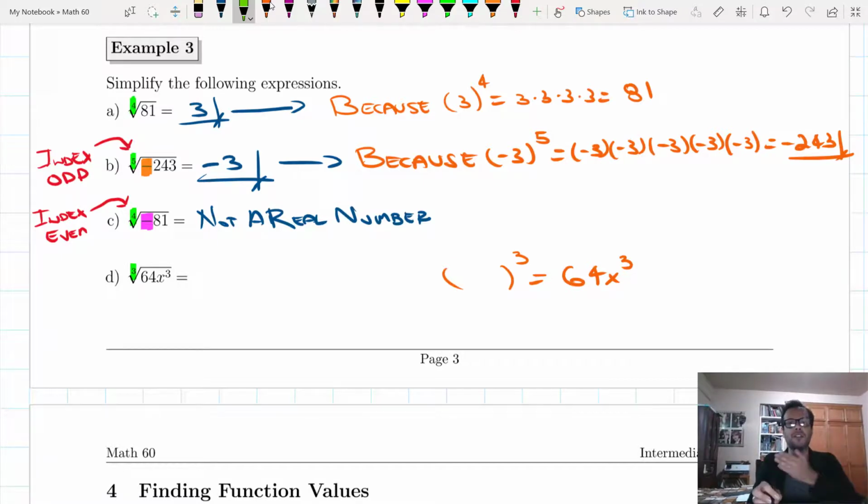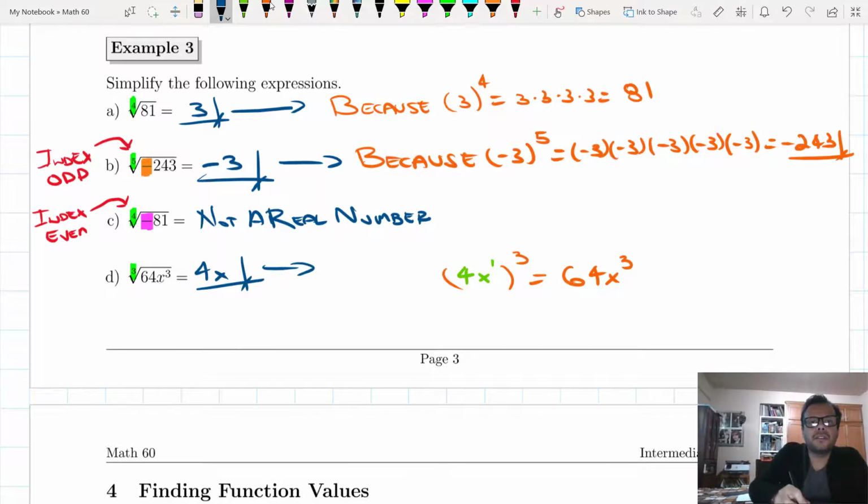Well, as we listed them earlier, the number that works is 4. So 4 to the 3rd power gives us 64, and then x to the 1st power equals x. So the final answer is 4x.